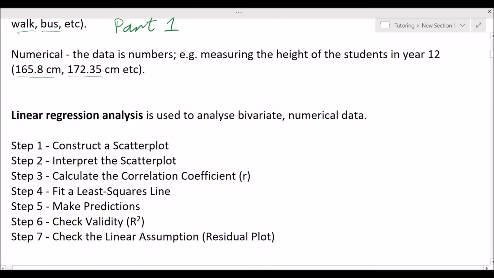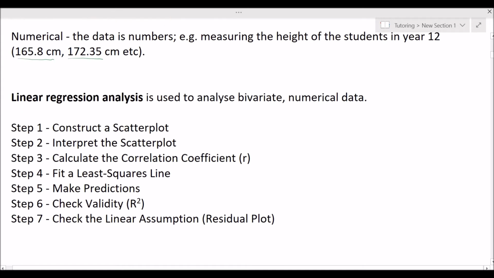When it is numerical data, you need to do something that is called linear regression analysis. Okay, so this is used to analyze bivariate numerical data. Bivariate, once again, meaning two variable data that is numbers. You will also see there's a key word here, linear.